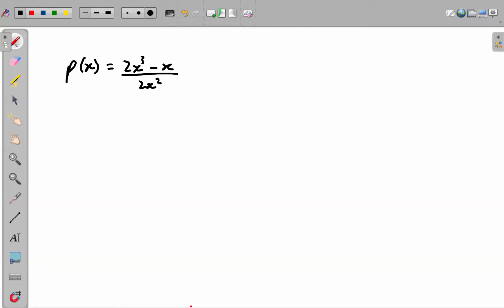Now, the fraction is obviously a problem here. We have seen this already in the previous examples, that we always have to start by dealing with the fraction. So in this instance, I want you to note that we're going to apply one of the most basic and simple rules that you learned when you were adding fractions in primary school, even in grade 8, 9. Watch. If I've got a fraction 2 over 3, and I want to subtract, let's say, 1 over 3, what do you often do?